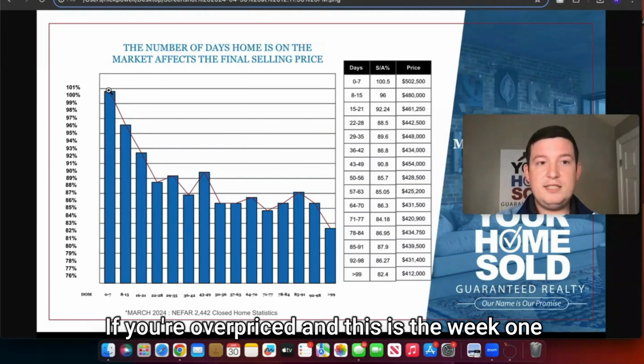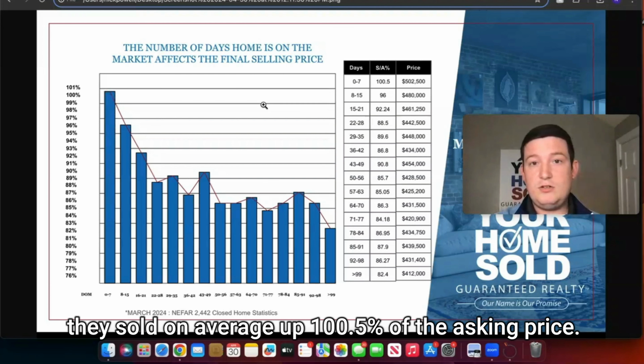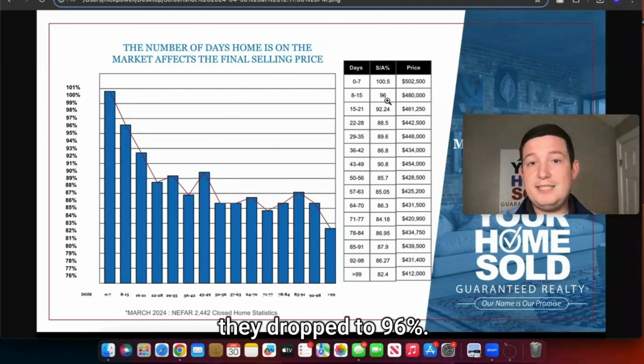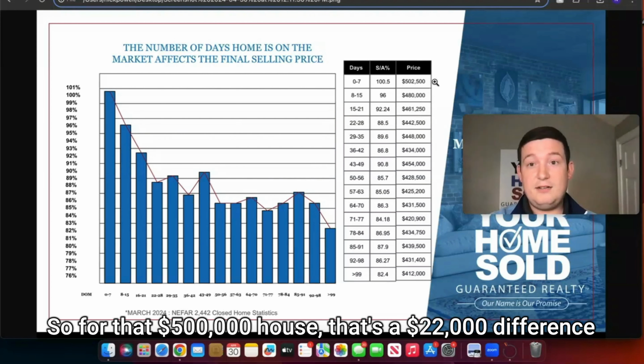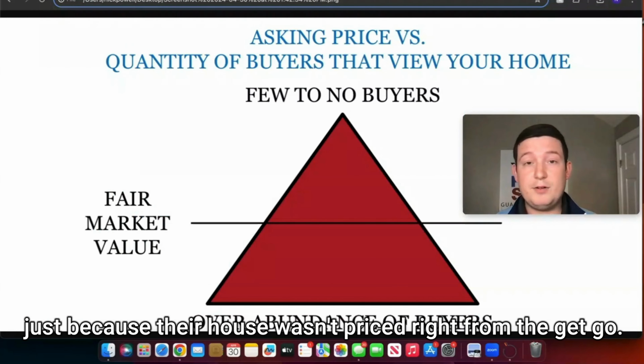This is week one: the homes that sold in the first week sold on average for 100.5% of the asking price. But if they didn't sell till week two on the market, they dropped to 96%. So for a $500,000 house, that's a $22,000 difference, just because their house wasn't priced right from the get-go.